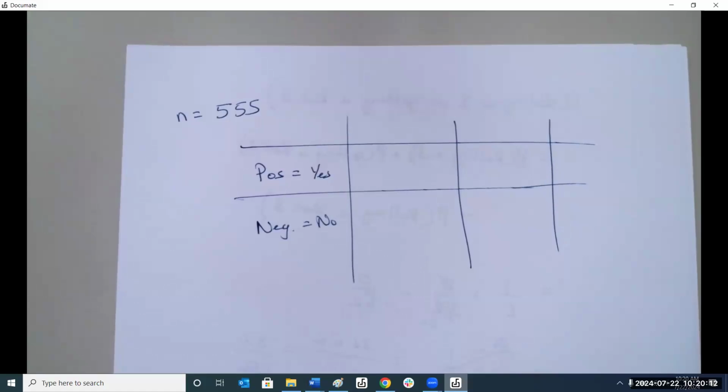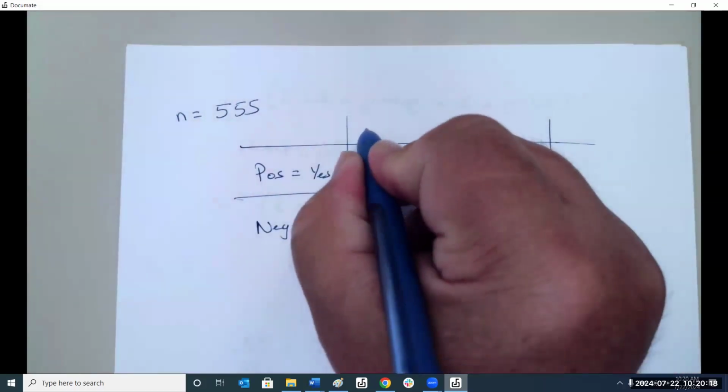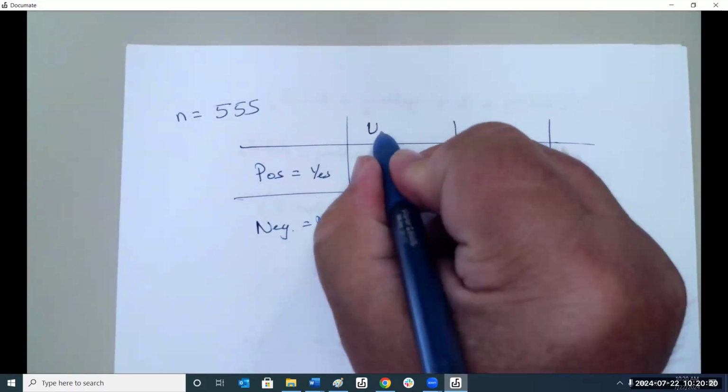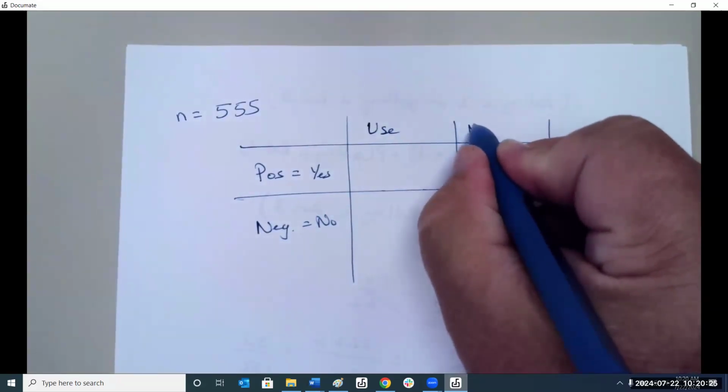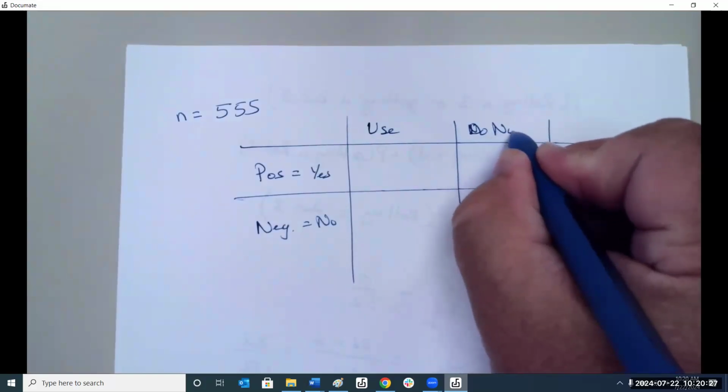We have to break down the possibilities. Next, we have the columns: they use drugs, do not use drugs.